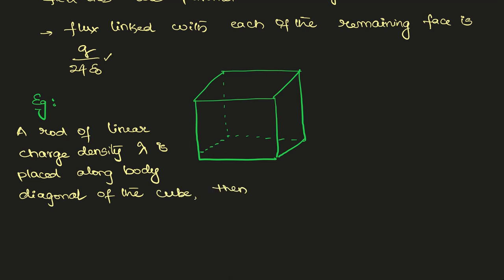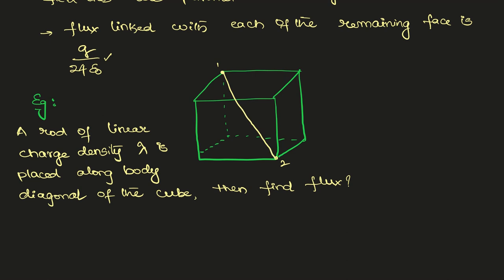Find the flux linked with that. Body diagonal means if I consider this as our first point and this as our second point, and I place a rod like this, that gives you the body diagonal.